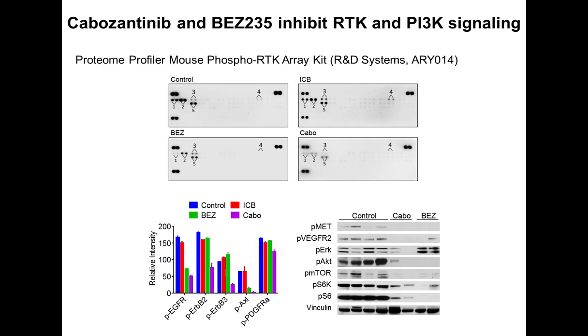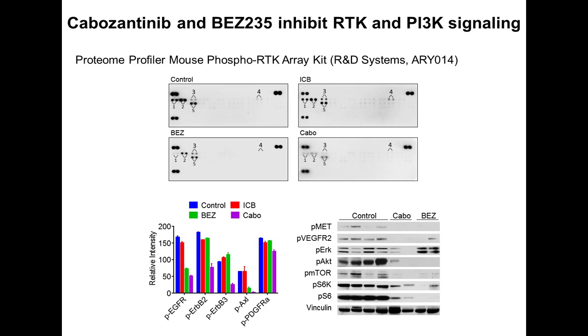So you see that in the four panels, we have control or ICB treated, or BEZ or cabo treated. You see that ICB treatment alone doesn't change much, whereas the BEZ or cabo treated tumors significantly downregulate those phosphotyrosine signals.